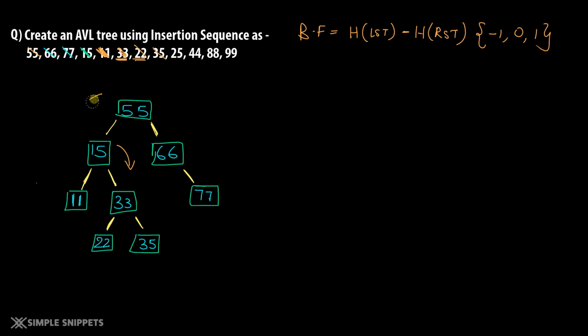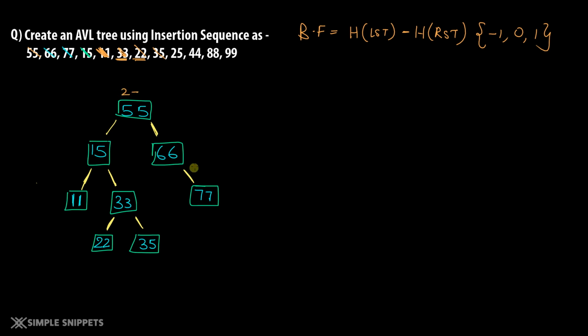Okay, so again, calculating the balance factor, is everything balanced? Seems like it, because the balance factor for the top node is going to be the left subtree height, which is still 2, right? We have to see the longest path from 15 to 22 or 15 to 35. We have 1 and 2 edges, so either path will do.